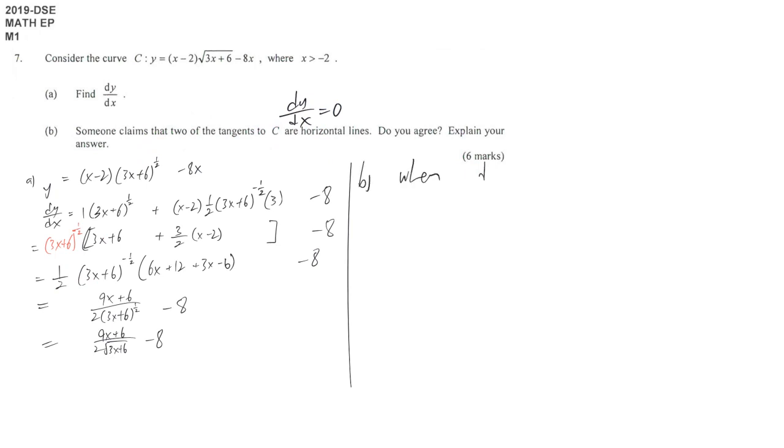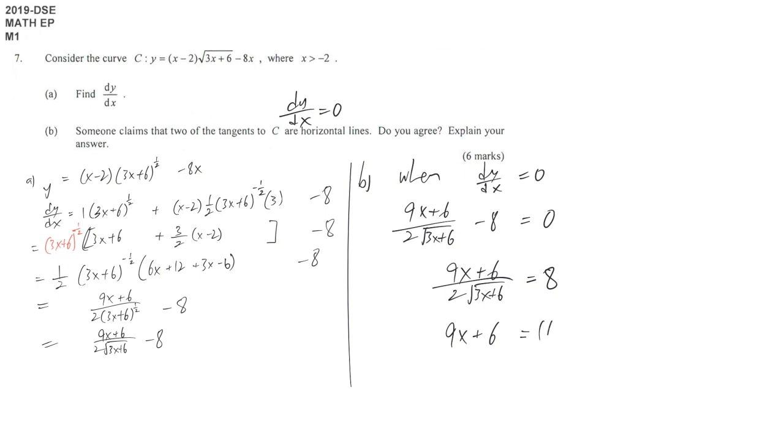So consider when dy/dx is equal to 0. And then we don't want the square root, so next we are going to square both sides. But whenever you take a square, you have to bear in mind that you may create a fake answer which provides the same magnitude but not the same sign.